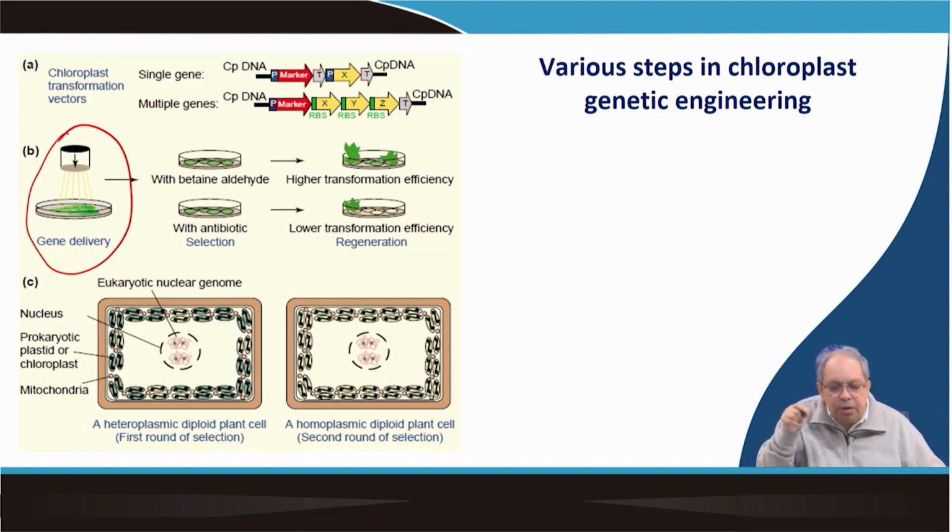It is coated with either gold or tungsten, and that will enter the plastid, and eventually it depends on the homologous regions in the construct and the similar homologous region in the plastid. So, there will be homologous recombination.